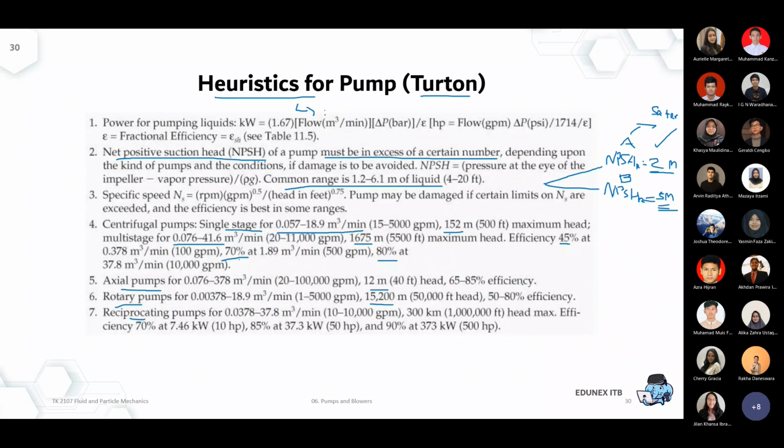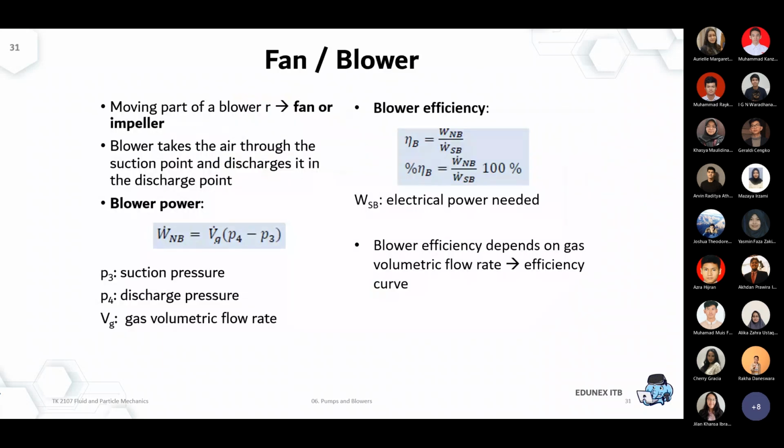For the fan or blower, it's quite simple again because, as I mentioned last week, it's only able to increase delta P by a small amount for gas. A fan or blower is not used for liquids; it's used for gas, but only able to provide a small delta P, less than 1 bar incremental.